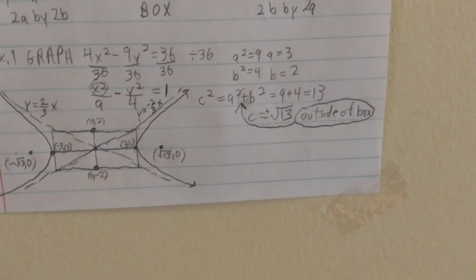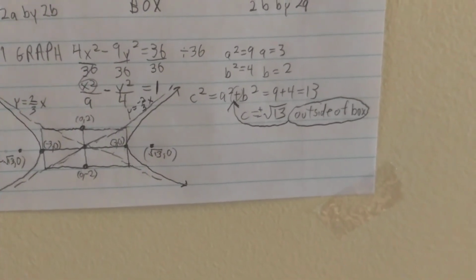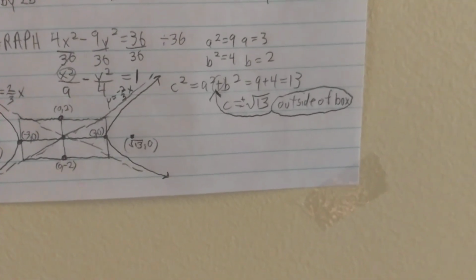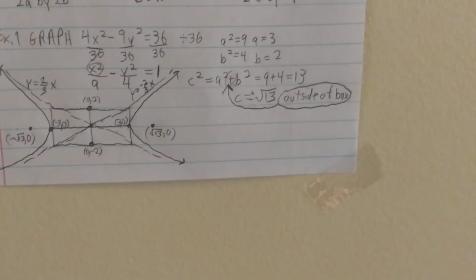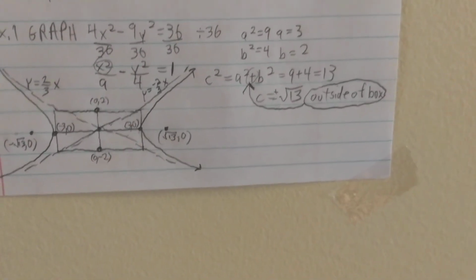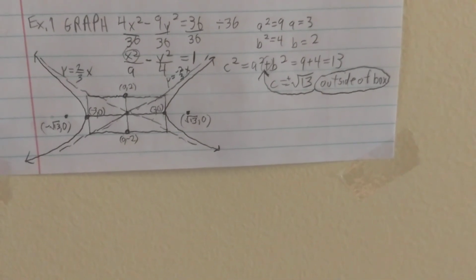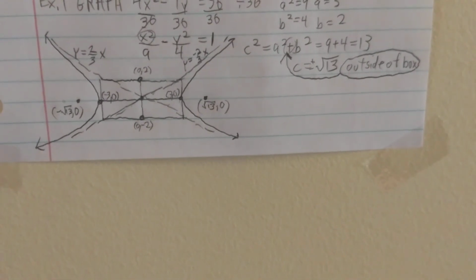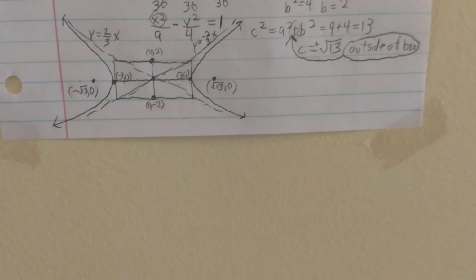Now, my a squared, being under the x squared, is 9, so a is 3, and my b squared, being under the y squared, is 4, so b is 2. But now c squared is a squared plus b squared. For the ellipse, it was minus b squared, but that makes the difference for why the c is outside of, or bigger than, the vertex, and the focus point is inside the opening of the hyperbola.